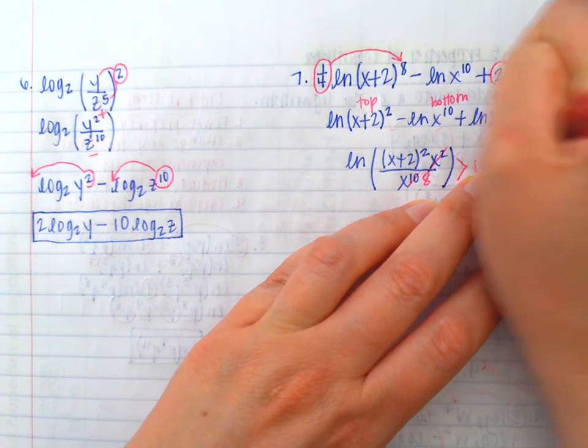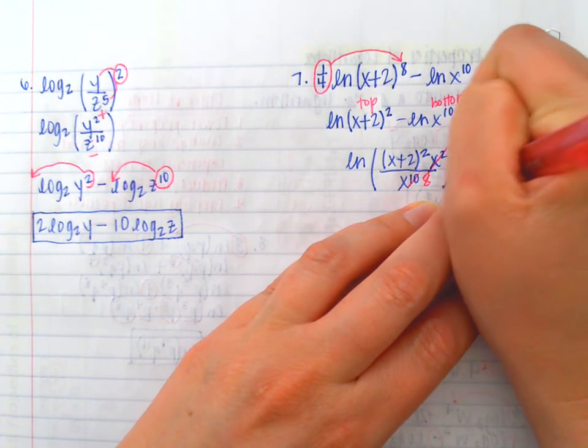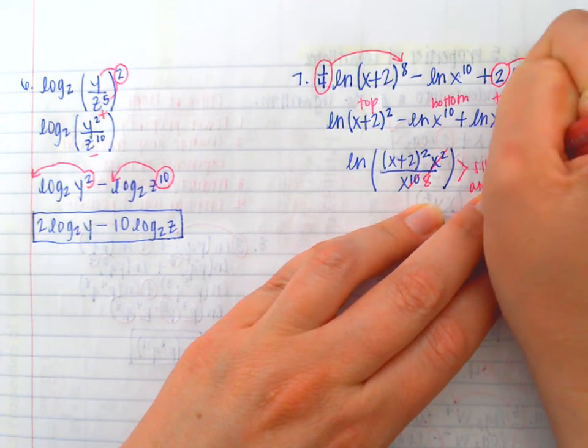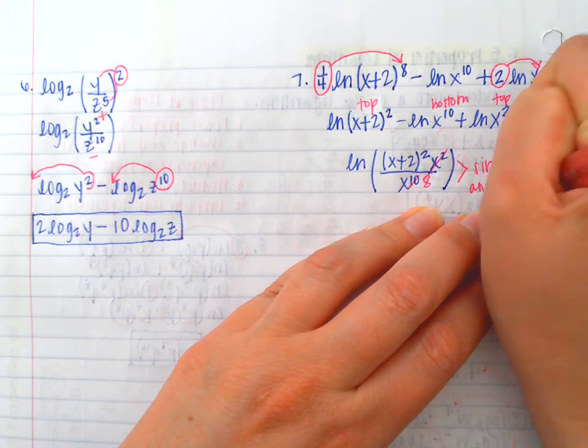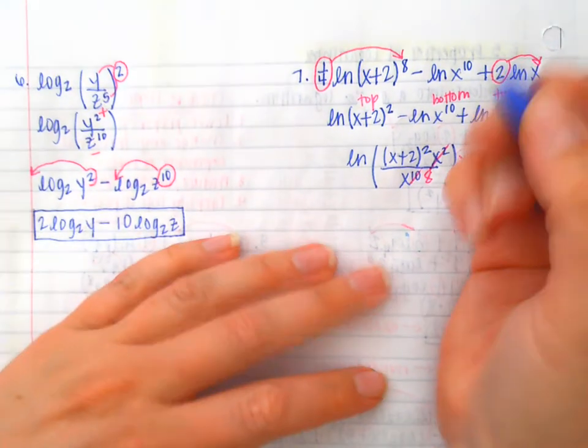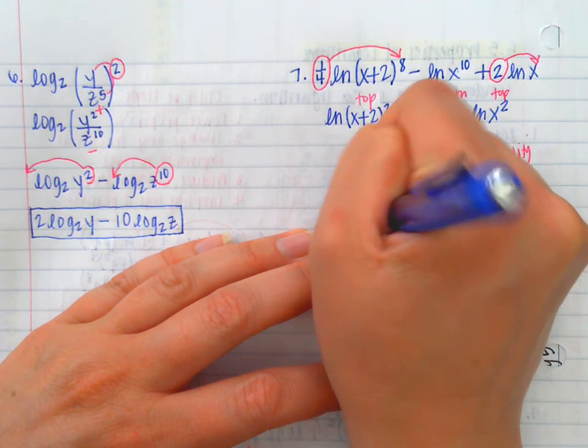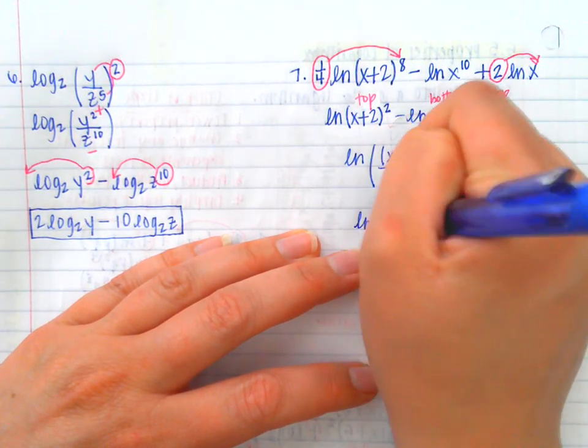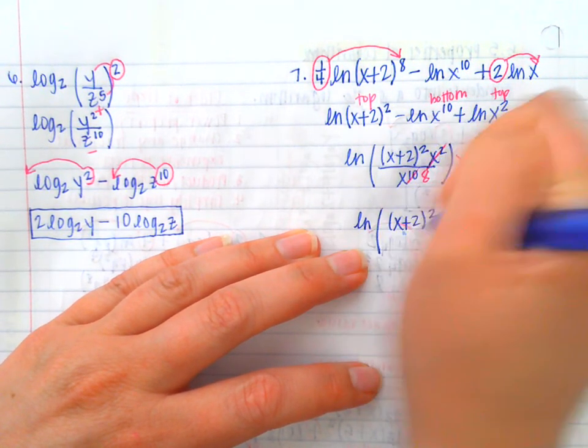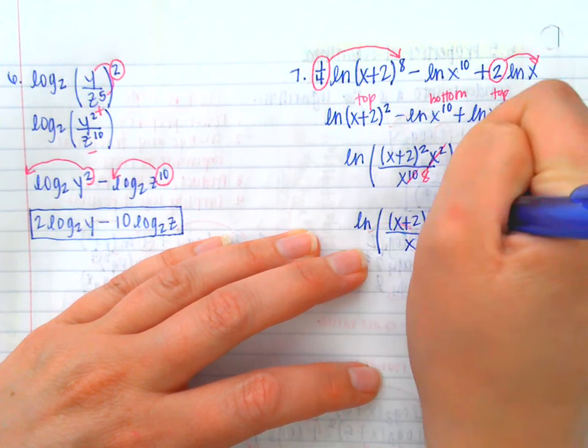Simplify any like terms, just like we did on that prior example. So my final answer would be ln of (x plus 2) squared all over x to the 8th.